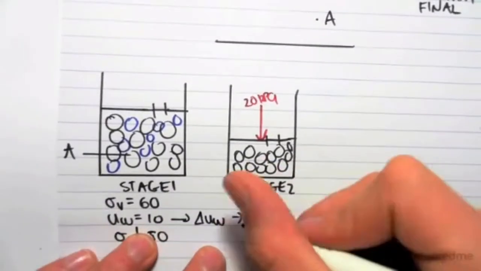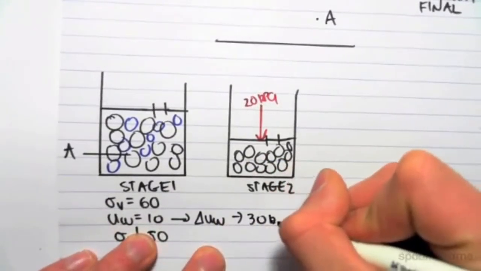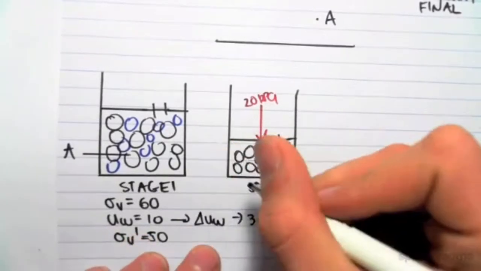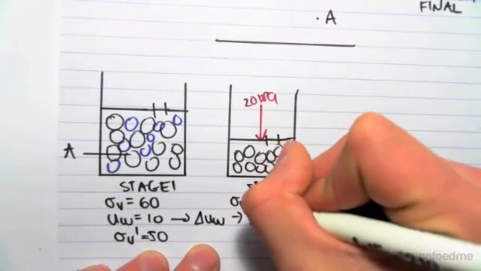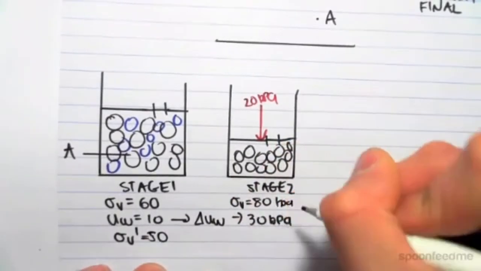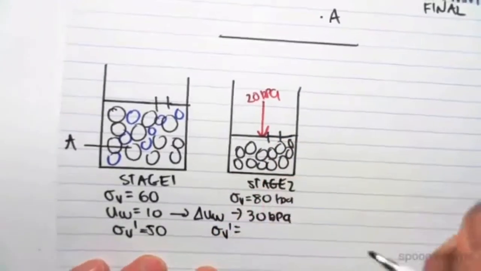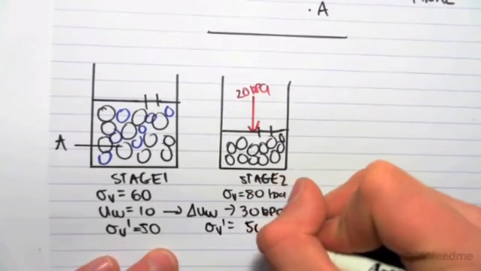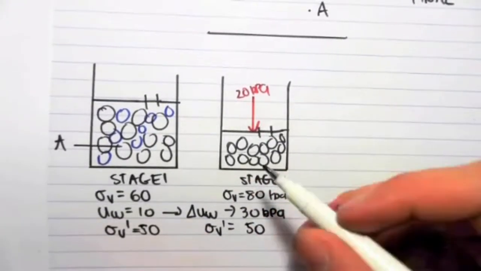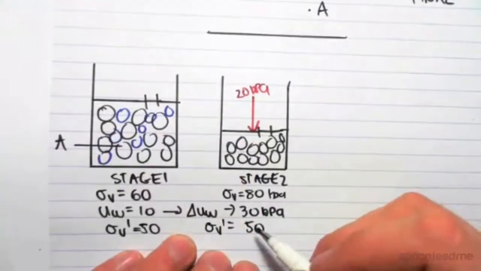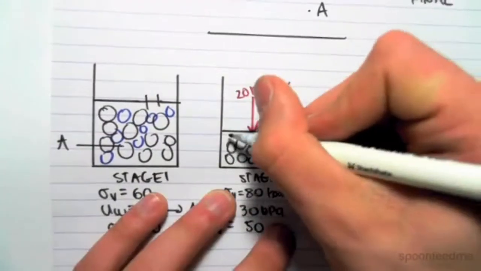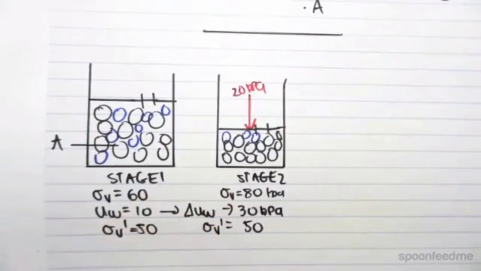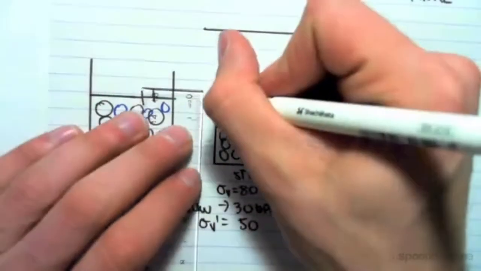So we have a change in the pore water pressure of 10 plus 20, so 30 kPa. The total stress has increased to 80 kPa, and the effective stress, the stress that the soil feels, is still the same, 50. So what's happened is that the soil has not taken any of the load, but it's the water which takes all the load in the beginning. What you'll also notice is that we've got an immediate settlement.